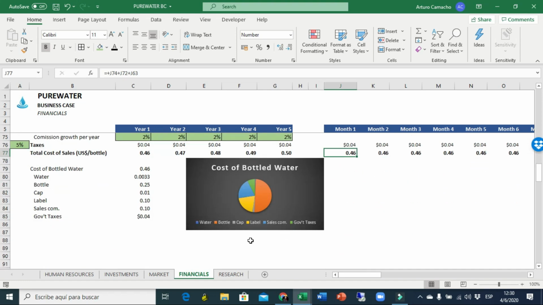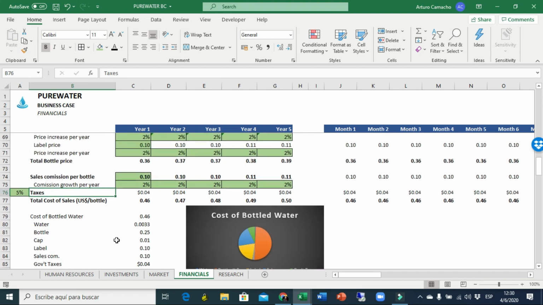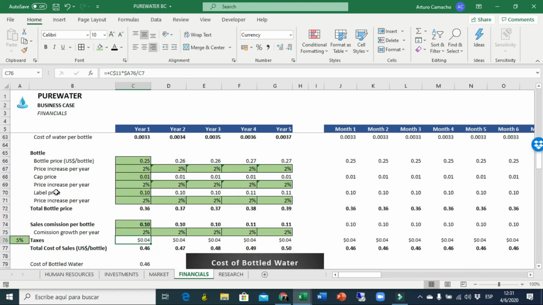I did some modification to the graph because I added the government tax. Depending on the state and the city, you might have a tax on the revenues of your company, and so I added this tax over here, which is the amount of revenues calculated up there times 5%, divided by the number of bottles, so as to obtain the cost per bottle.